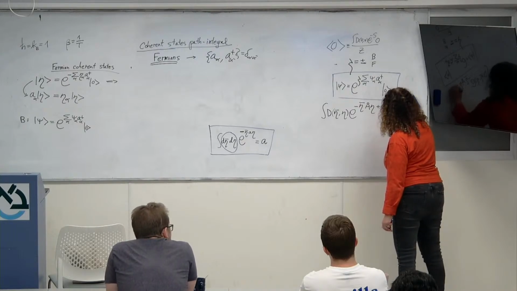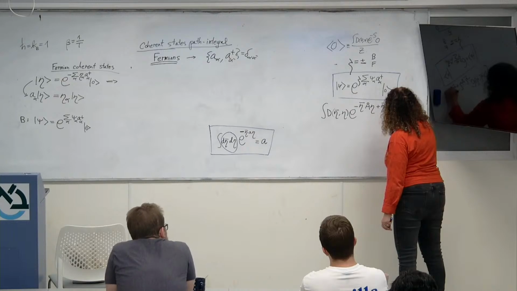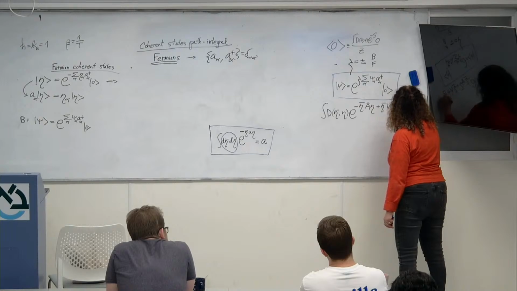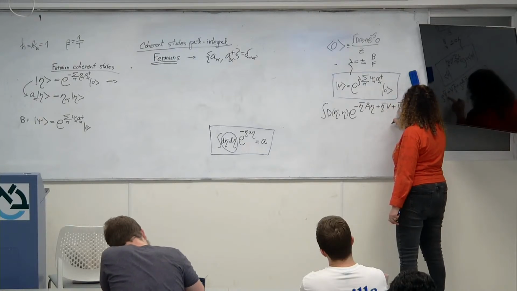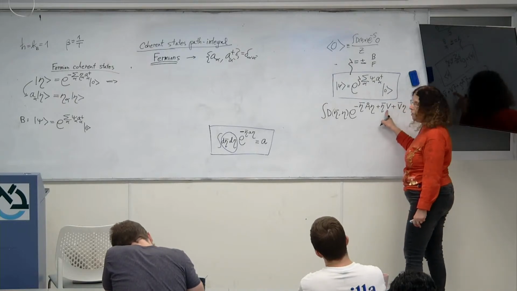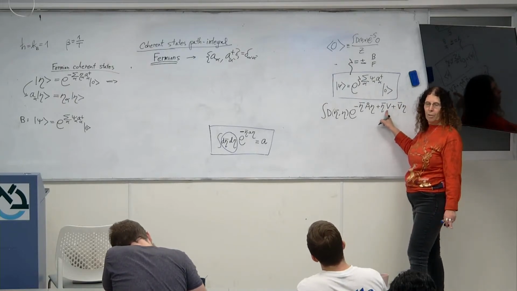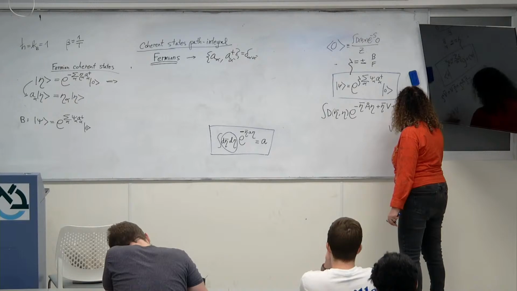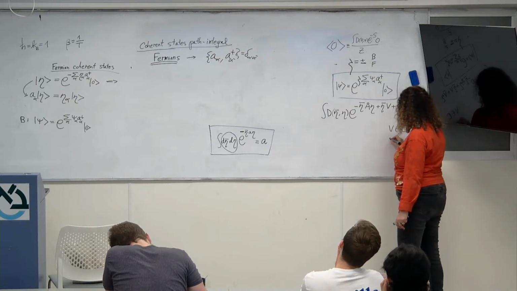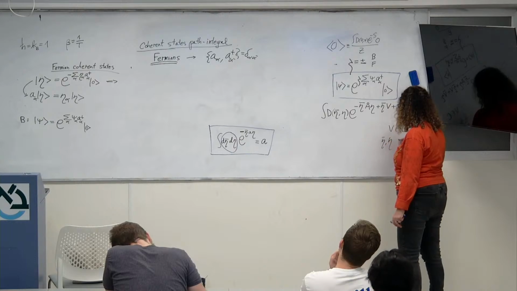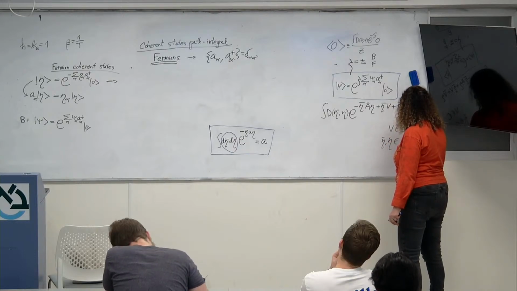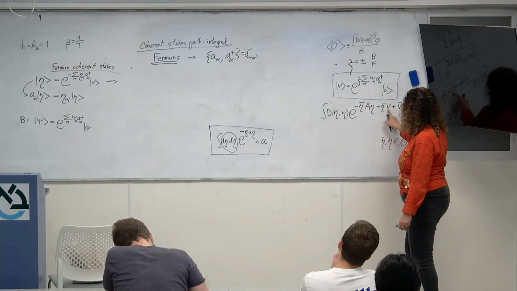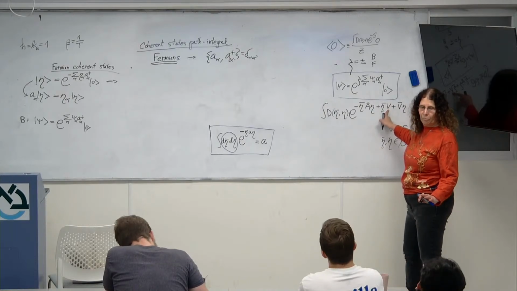I'm adding here eta bar v plus v bar eta, where this v bar, v is a regular complex number. Okay, so v belongs to the complex, and eta and eta bar, they are Grassmanns. Okay, these are Grassmanns, but v is just a complex number.